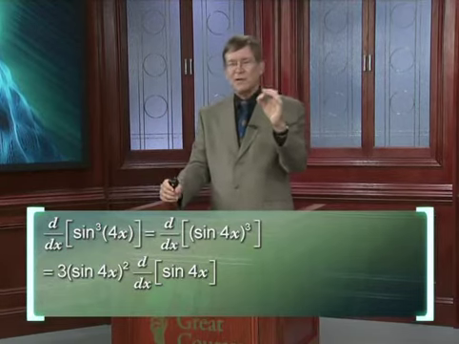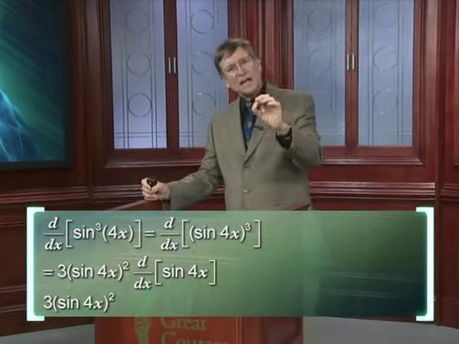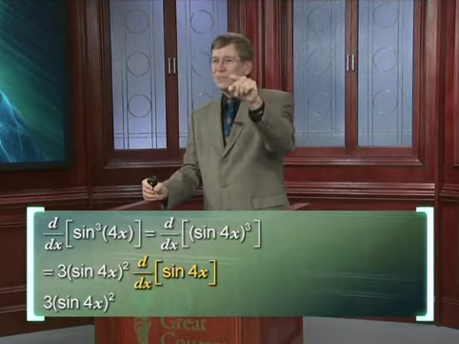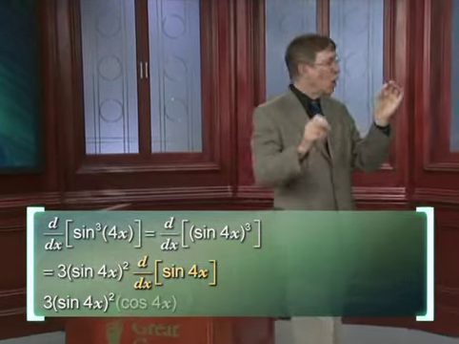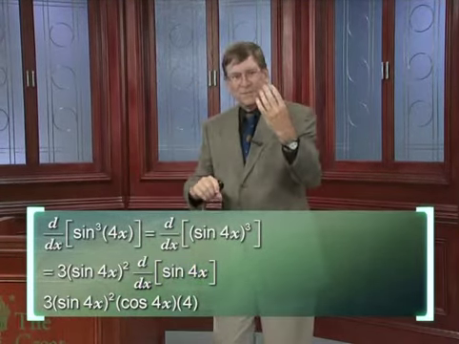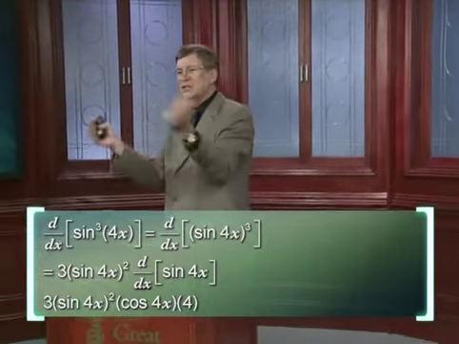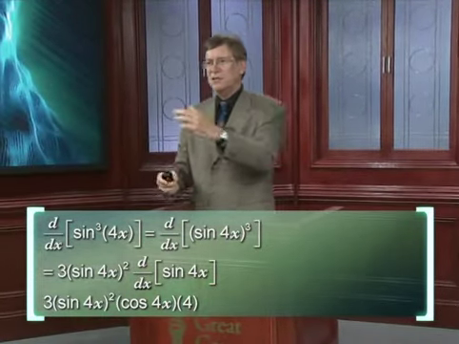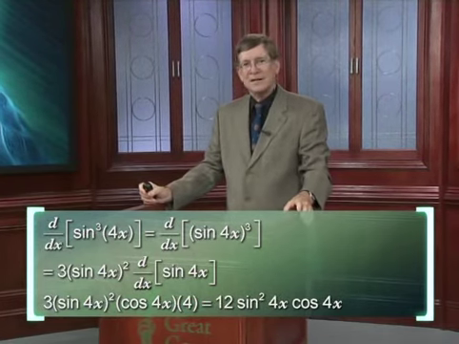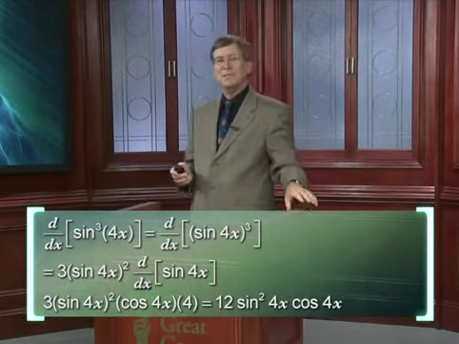So our answer now is 3 sine 4x quantity squared times the derivative of sine 4x, which is cosine 4x, times the inside derivative, 4. Wow. Double chain rule. And then simplify all this mess, and you get 12 sine squared 4x times cosine 4x. Pretty tough going.